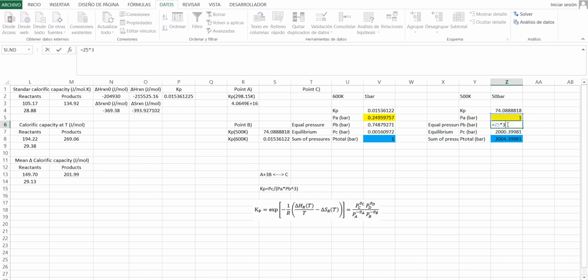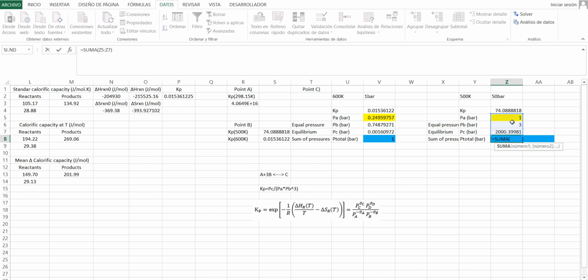The partial pressure of hydrogen is 3 times the partial pressure of toluene, so we have that condition. The equilibrium condition of this equation is also specified here. We solve for the partial pressure of cyclohexane, and the total pressure is just the sum of the pressure of each component.